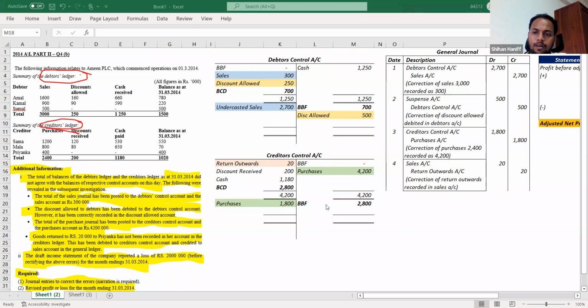That is this 300. So how do you correct this? You have to credit 2,700, debit 2,700. You can use this method. So double entry, debtors control account 2,700, sales 2,700. Is it clear? Same way you can do the rest. Is that clear?